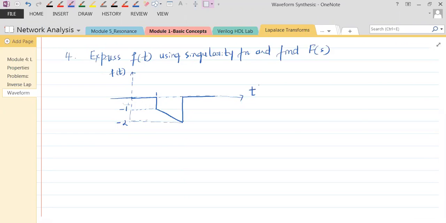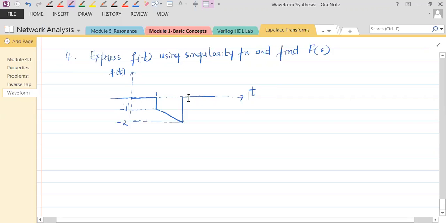Now there is again a ramp involved, but with negative slope. At 1 it is minus 1, at 2 it is minus 2. Everybody understand that? One waveform is the ramp which goes like this, but that ramp should exist only from 1 to 2.